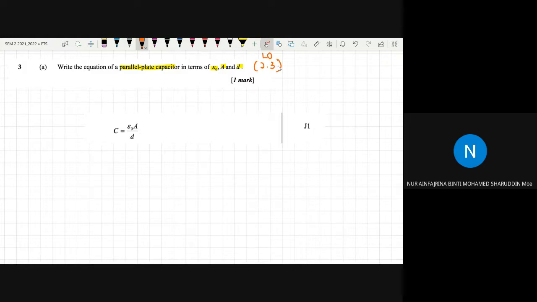So dekat sini dia suruh kita tulis equation of parallel plate capacitors in terms of epsilon naught A and D. So the formula will be C equals to epsilon naught A over D. So this is for the capacitance of air-filled parallel plate capacitor.